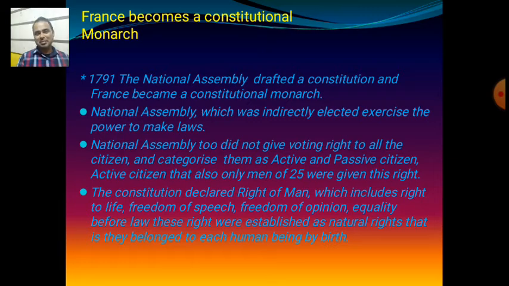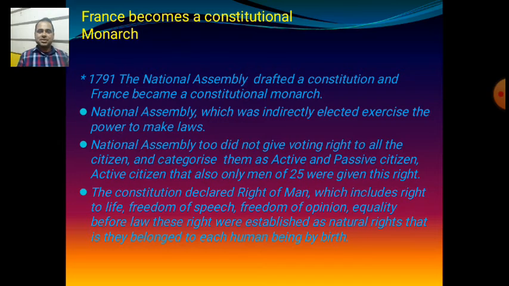Now see the complexity of France. The General Assembly had been fighting with Louis XVI. But when they came into power, they too denied all the people a voting right. They declared Frenchmen into two categories, active and passive citizens.